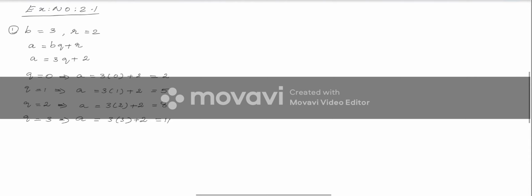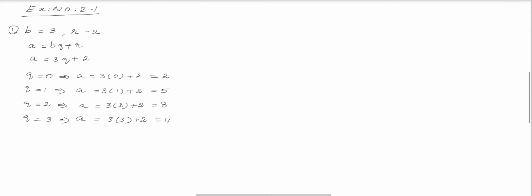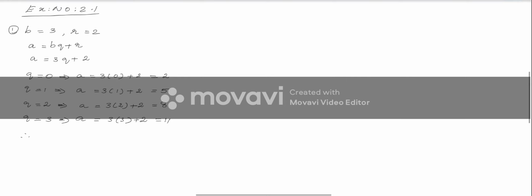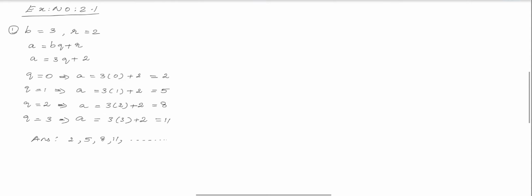Clear? That's why we are substituting each and everything and finding out. So here we can proceed like this. It goes on. Q can take value of 4, 5, 6, etc. And now this can be written as, the positive integers are, so you write down, ma. The positive integers are 2, 5, 8, 11, etc. It goes on. Are you clear?